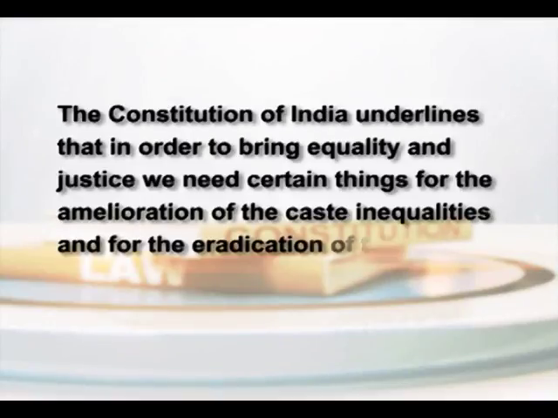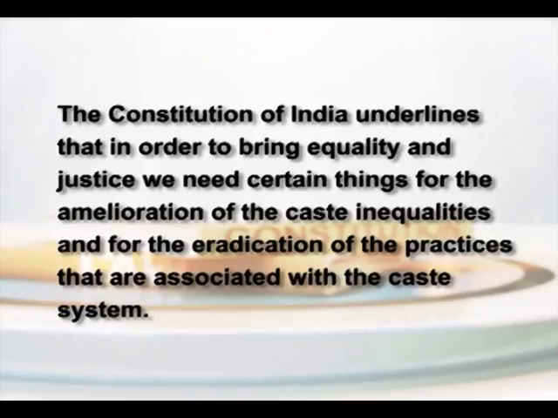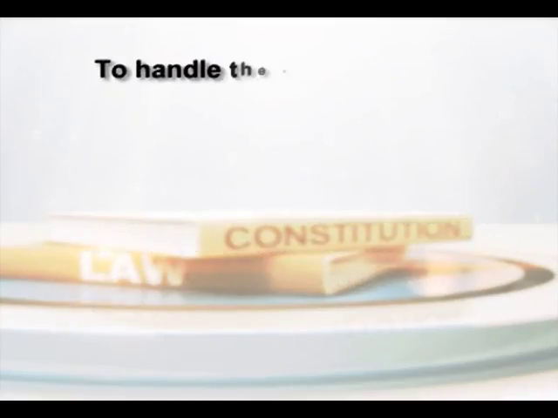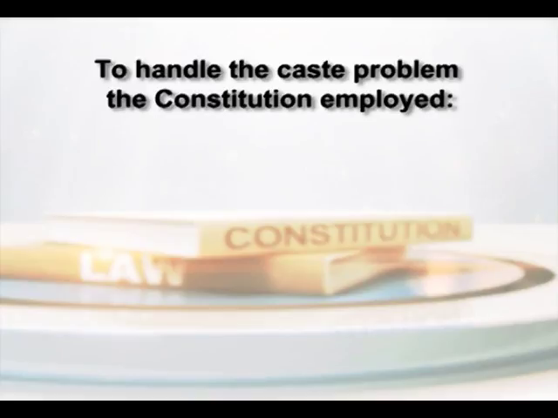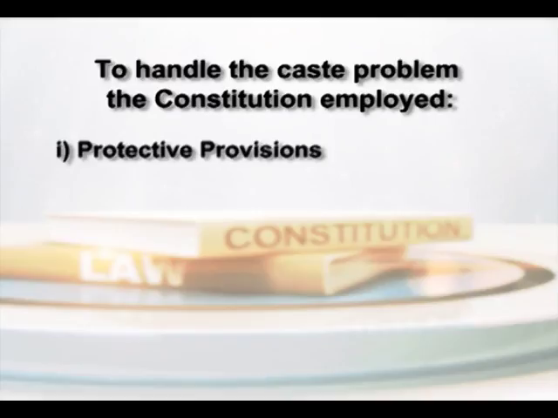So the major thrust was given in the Indian Constitution that in order to bring equality and in order to bring justice, we need certain things for the amelioration of the caste inequalities and for the eradication of the practices that are associated with the caste system. So, some of the things were adopted in the Indian Constitution. The first was certain protective provisions that were given to the backward castes in order to bring in an equal society.